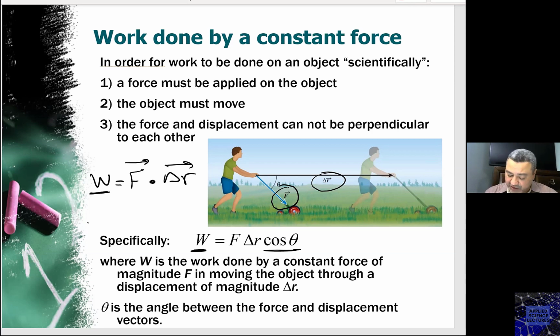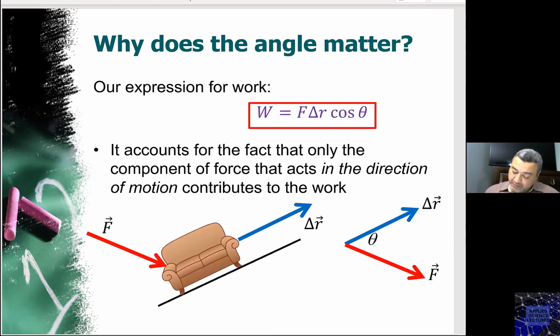The dot product of two vectors will give me a scalar. So the dot product here resulted into the magnitude of the first one times the magnitude of the second one times cosine theta in between. So this is the expression that we have seen.